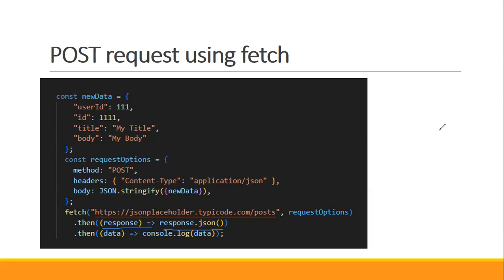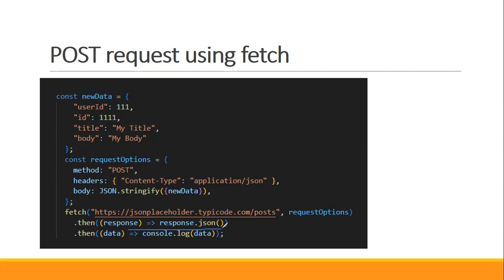There are different status codes, like 200, 201, 202, 404. You will get these kinds of status codes, and it will tell you that this particular data has been updated. That is what the response object will contain.